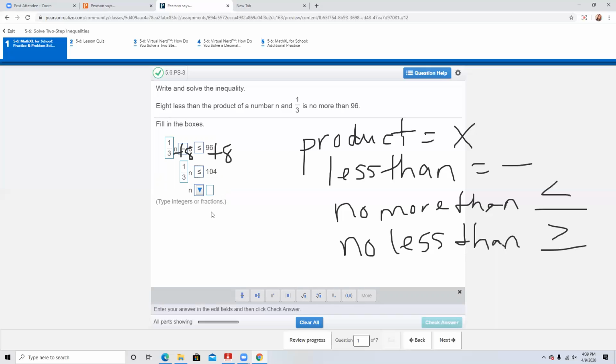This is just like a one-step equation without the inequalities. So what you do here is this is 1/3 n, and then it's less than or equal to 104. So what you do is you either multiply by the reciprocal, which is you flipping it, which is 3/1, and then you multiply this side by 3/1, or you can divide both sides like we do all the time.